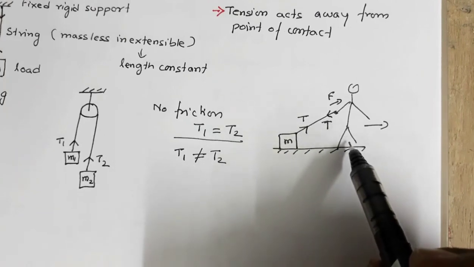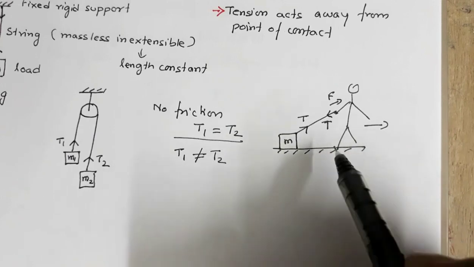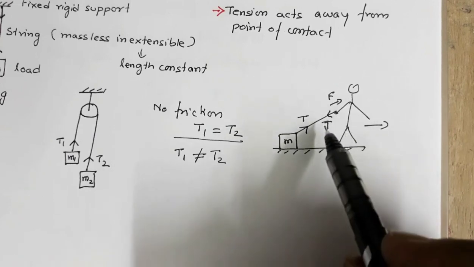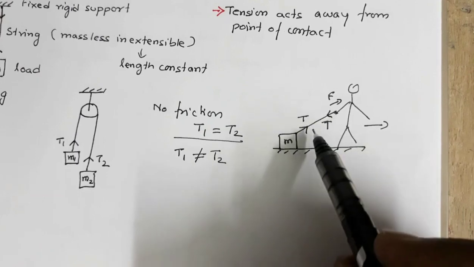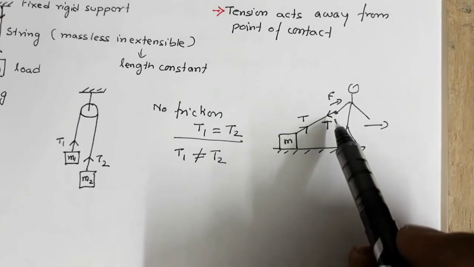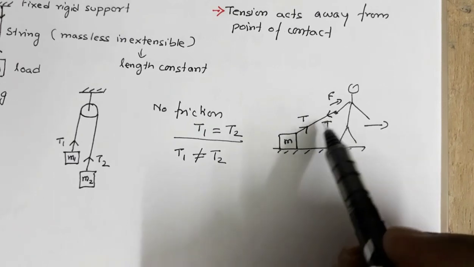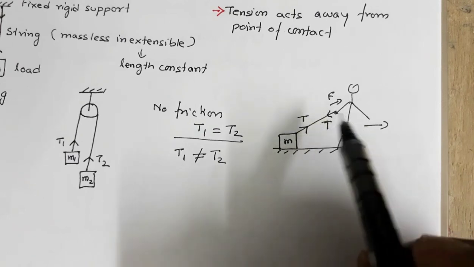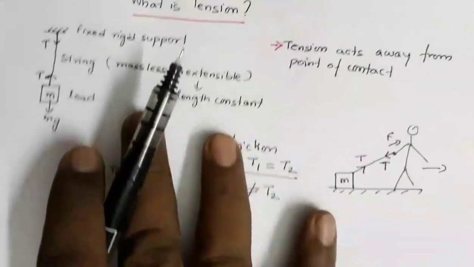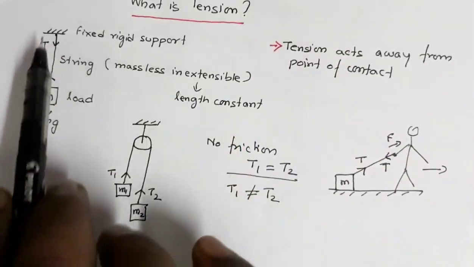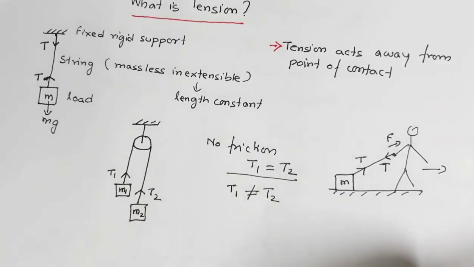Whether the man or the block is moving or not, in either case the force on the string will remain the same, and it is equal to the tension. For a massless inextensible string, as we have already seen, the tension remains the same throughout the string.